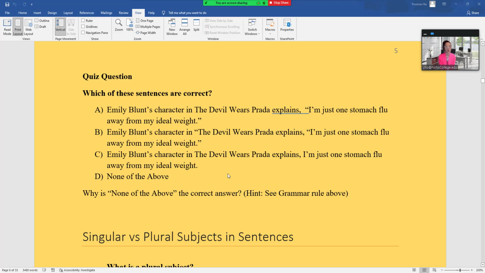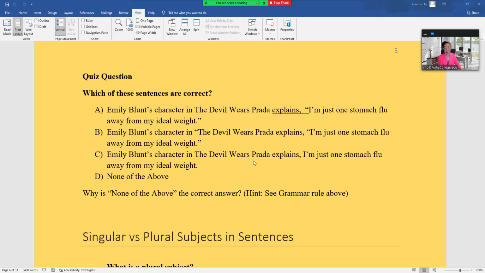Quiz question. Which one of these sentences is correct? The devil wears Prada, that's not italicized, so this sentence is incorrect. Here, the devil wears Prada is not italicized, it's incorrect. And this sentence is missing everything.